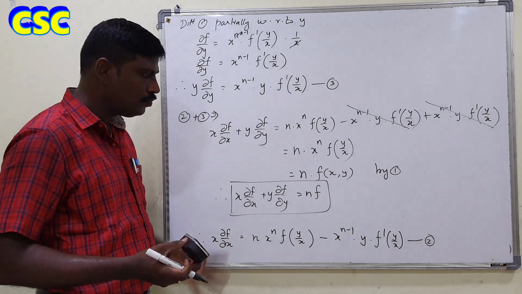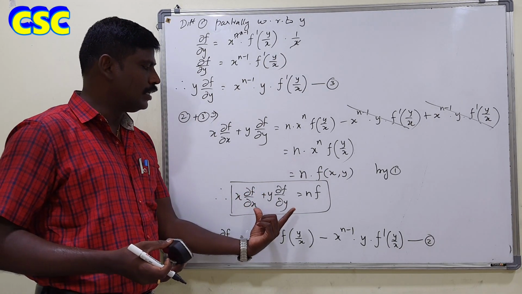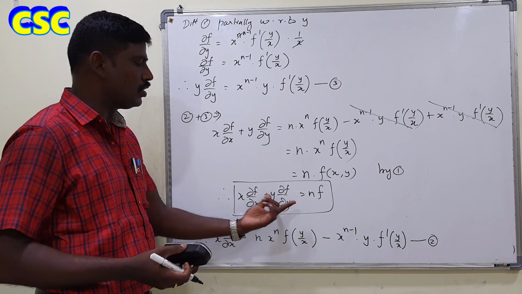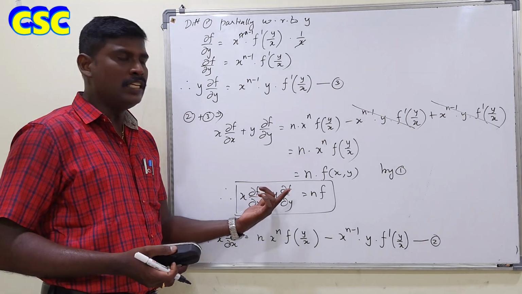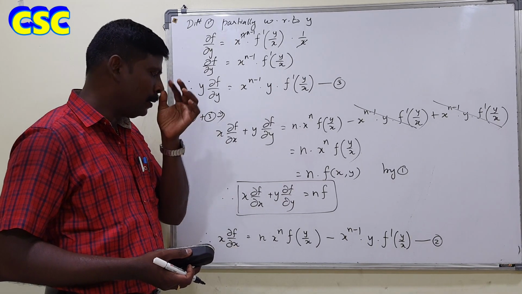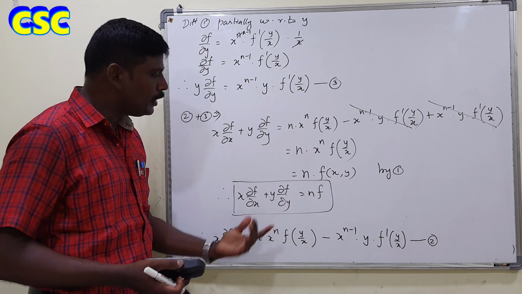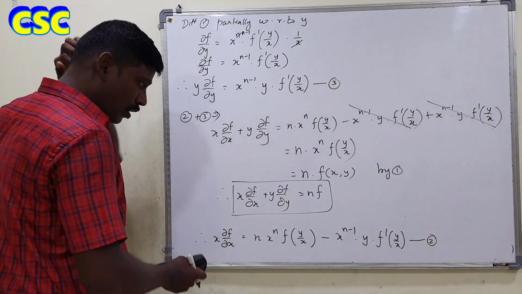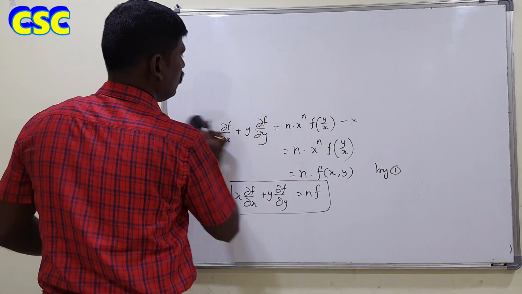Right? This is the result of Euler's theorem based on the partial derivatives of homogeneous functions in x and y of degree n. Okay, and using this result, we can solve lots of problems based on this one.